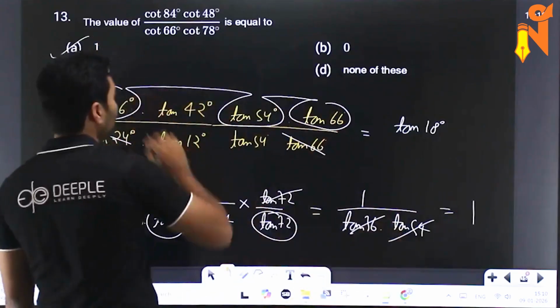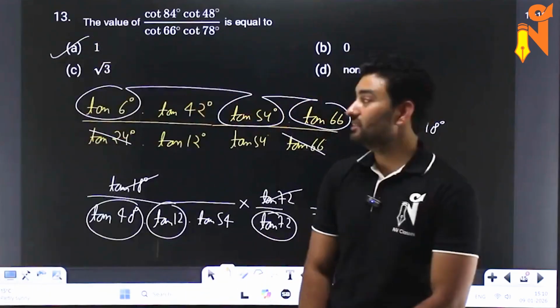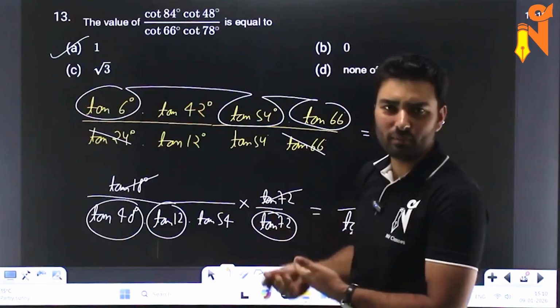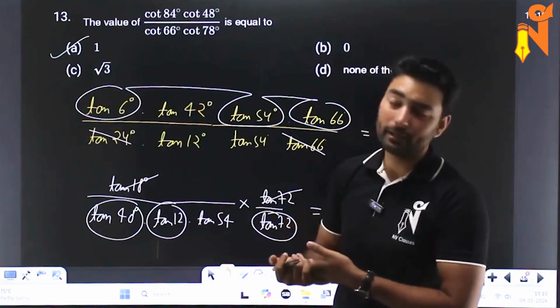The solution which is given in your text format is different, not an issue, it's trigonometry, you can solve in a different way, okay.